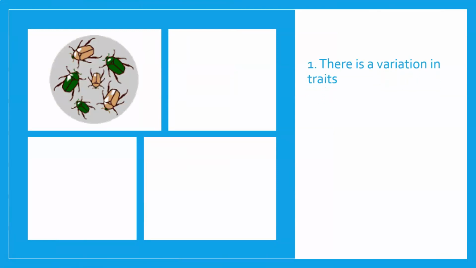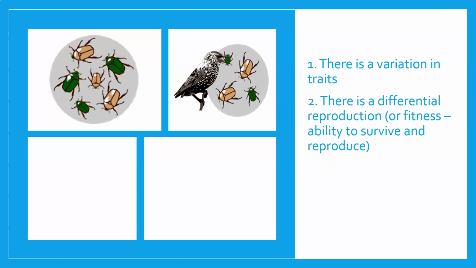Alrighty, so let's think about this, and we're going back to our insects that we spoke about a lot. First of all, we've got variation in a population in a certain trait. We're looking at insects here, and you'll see we've got beige beetles and green beetles. Now, there is a differential in the reproduction, or the fitness, the ability to survive and reproduce. In the second picture, we can see that we've got this bird that likes eating green insects, maybe because the beige ones are camouflaged.